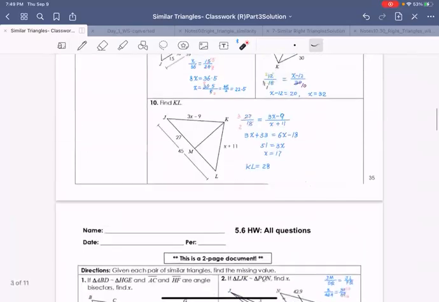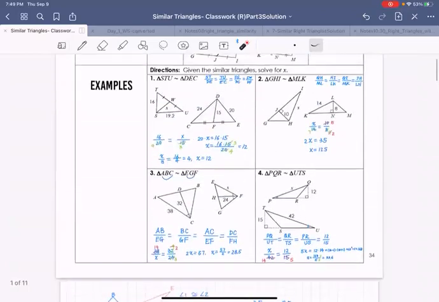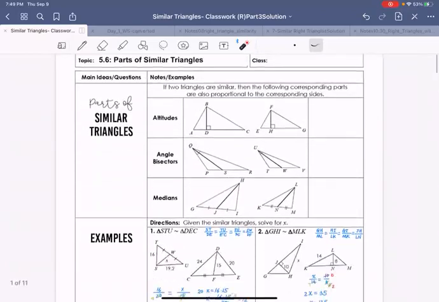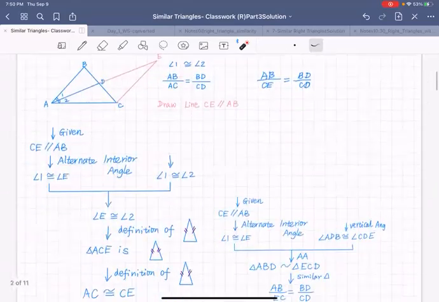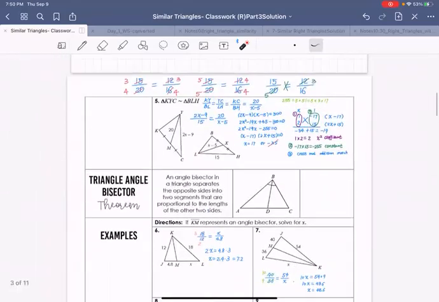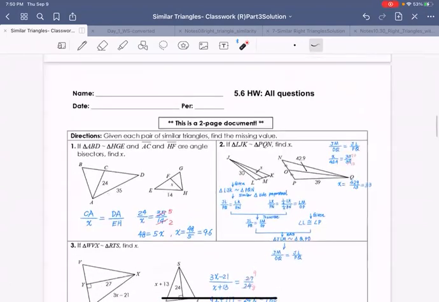At the beginning, we explained that the altitude, angle bisector, and median are still going to be proportional as long as those two triangles are similar and you are talking about the corresponding altitude, angle bisector, or median. But why? Here is the proof.